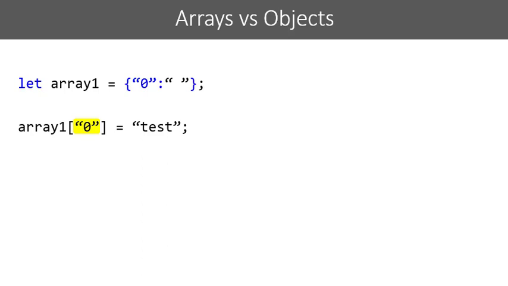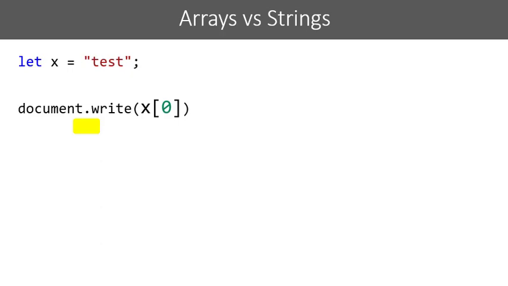Here in this example, array1 is declared as an object with 0 as a property name, and then a value is assigned to it. This is how JavaScript treats arrays in the background. In JavaScript, strings are just arrays of characters, so you can access individual characters of a string like elements of an array. Here in this example, the first letter T of the string is printed.